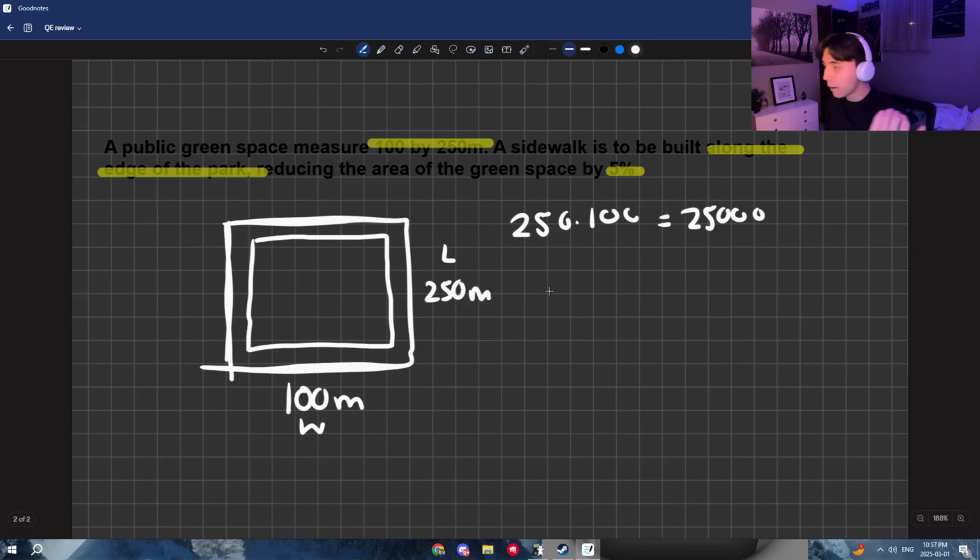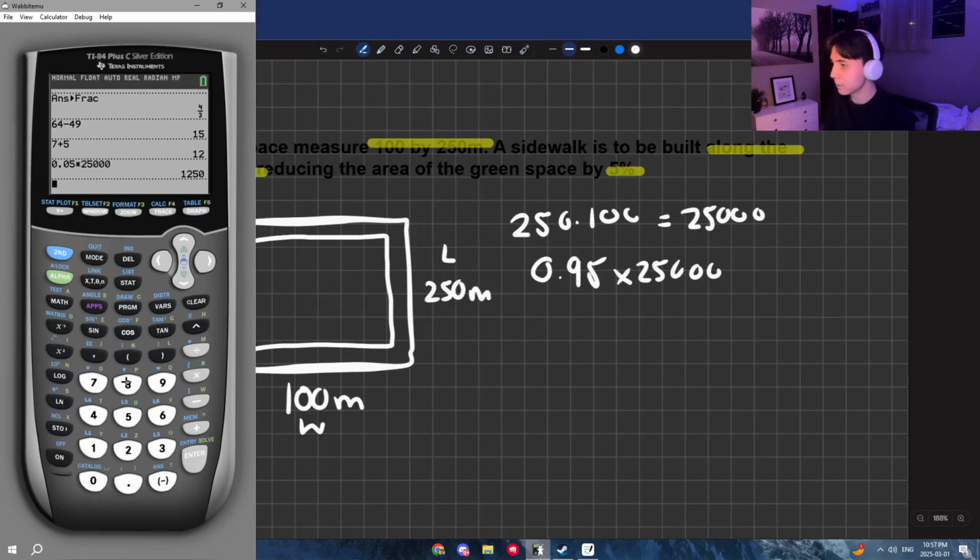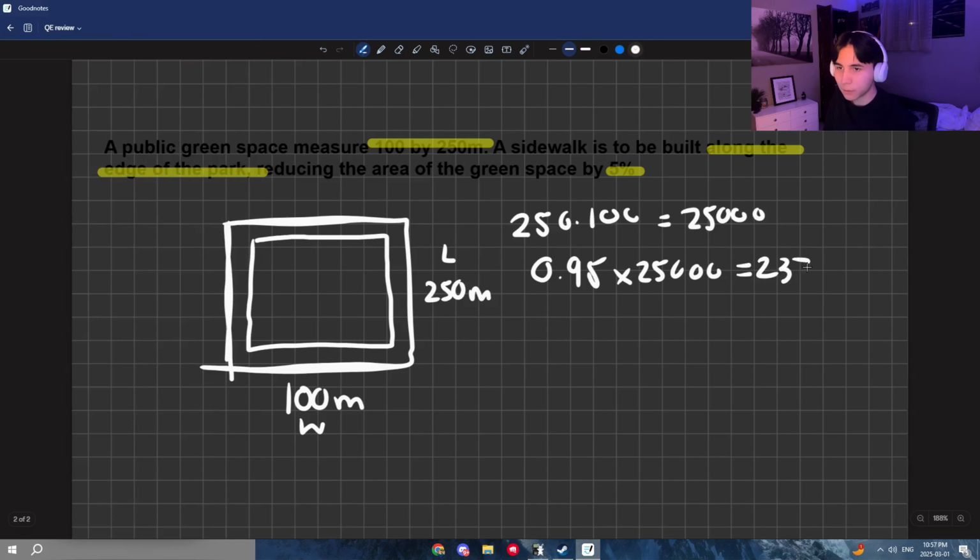And since we have 5% reduced, what we can do is write 95%. So as a decimal, 0.95 times 25,000. Since we're removing 5%, 0.95 is going to be that 5% removed. So we're going to have 0.95 times 25,000, and that's going to give us 23,750 as our new area.